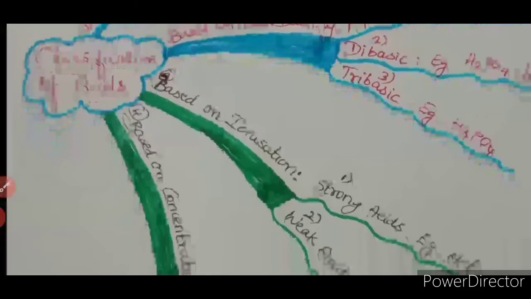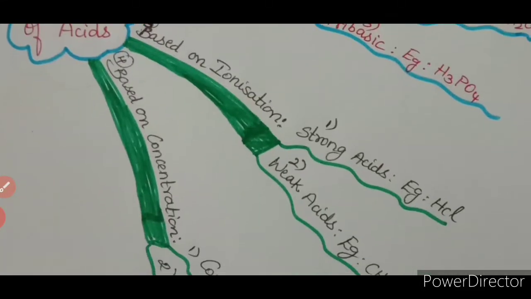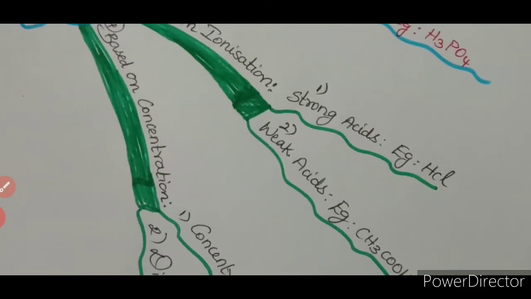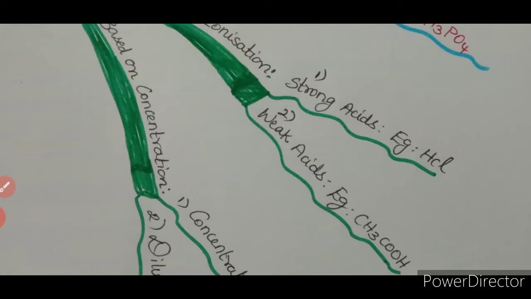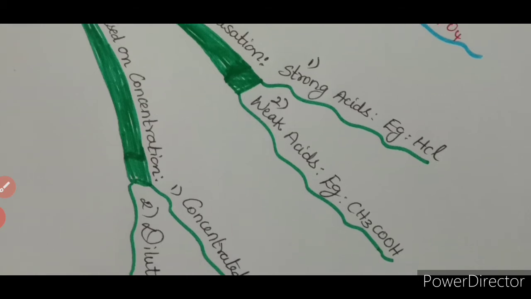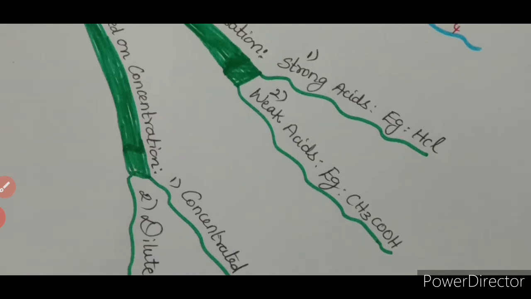Okay, then the third one is the acid classified based on ionization. There are two types under ionization. One is strong acid and another one is weak acid. Strong acid means the solvent amount will be less, whereas the acid amount will be larger. That is, the dissolved amount of acid is more than the solvent.